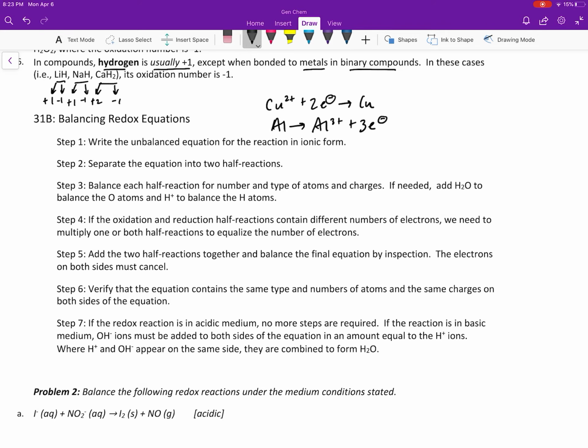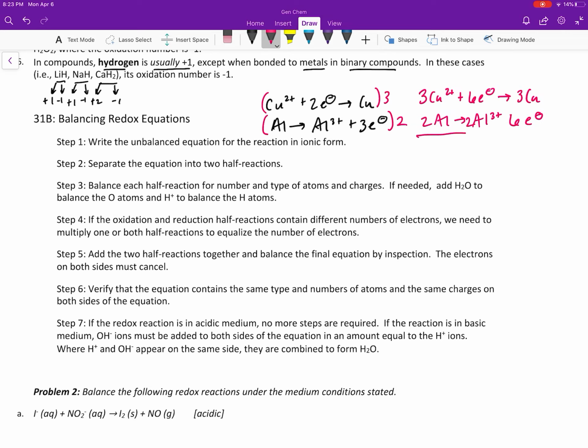Well, we remember when we added them together, we said the number of electrons had to cancel out. So we multiplied one equation by 3 and the other one by 2. And that gives us 3 times as much in our copper half reaction and 2 times as much in our aluminum reaction.